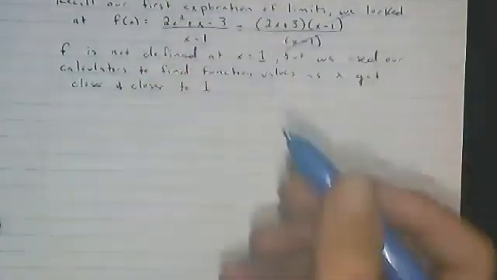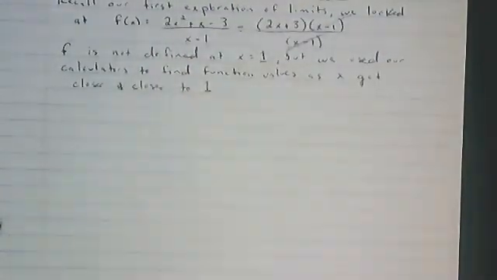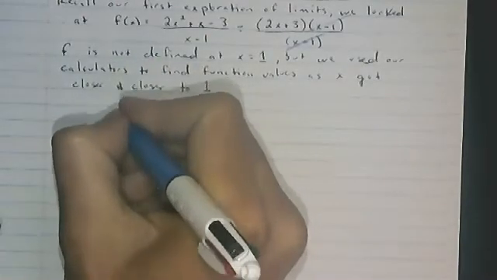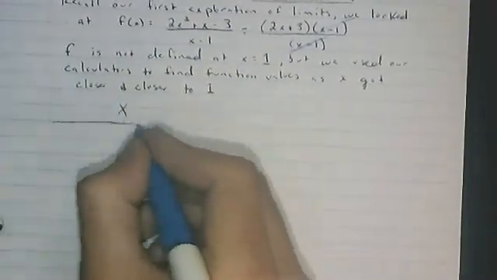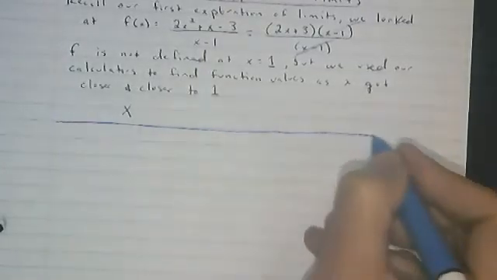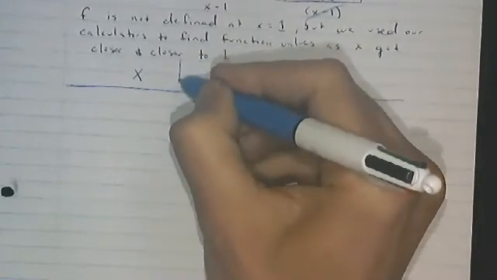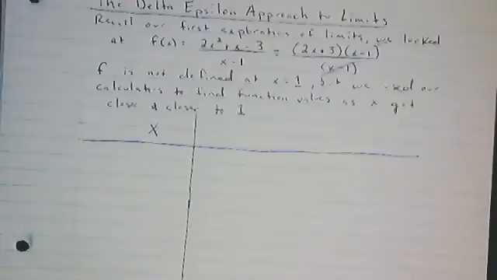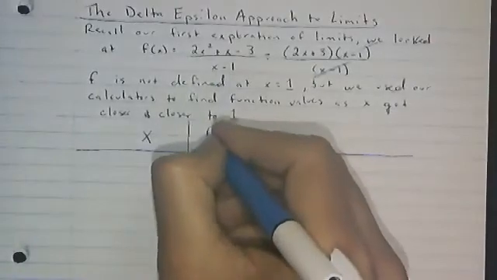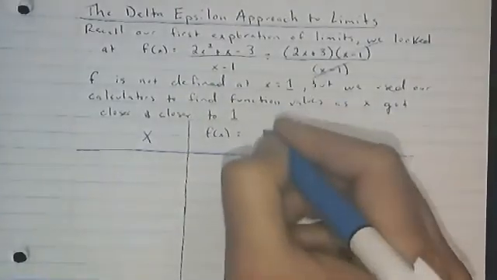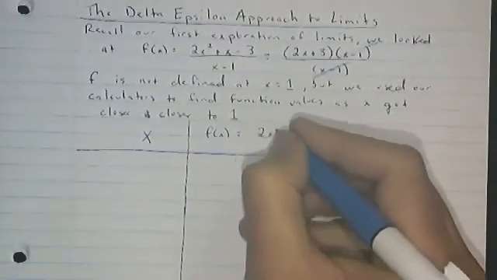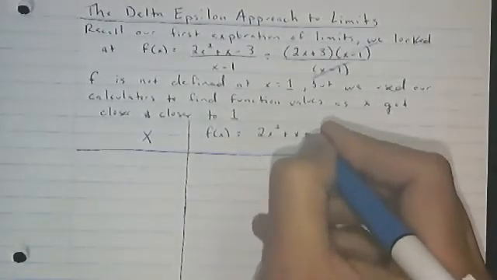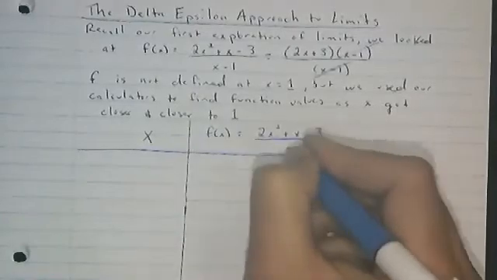So we're going to recreate that table now. I'm just going to spit the values out at you. It'll be a pretty big table. We have f(x) equal to 2x squared plus x minus 3 divided by x minus 1.